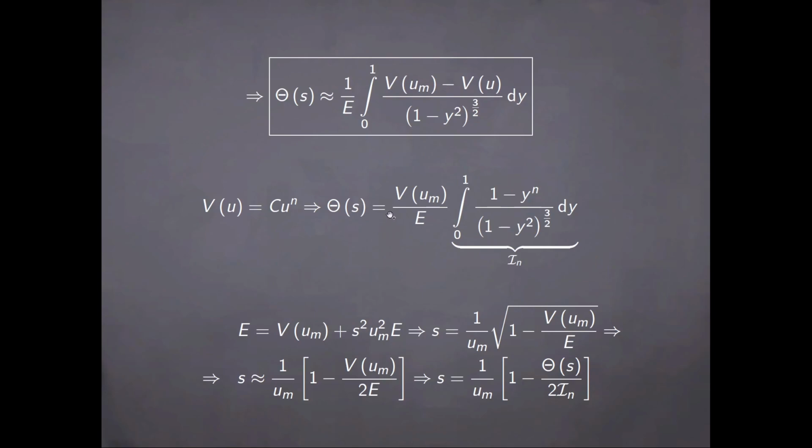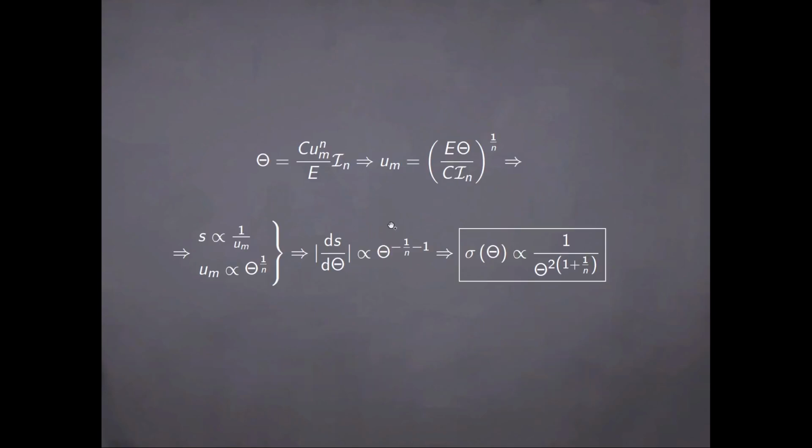Now, from this same expression, we can actually go ahead and solve it for the inverse of the periapsis in order to find this relation of the inverse to the scattering angle.